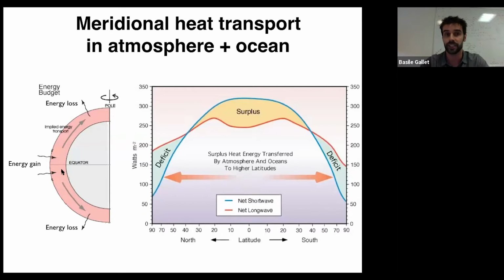But what happens is that the ocean and the atmosphere are going to be set in turbulent motion, and this turbulent flow is going to efficiently transport the heat from the equator to the poles, thus reducing the temperature difference between the two. So the key thing to understand is how to parameterize that transport so that you can compute the resulting temperature profile on the planets.